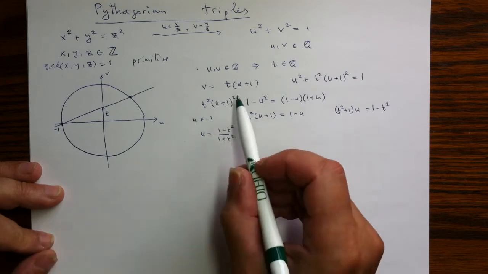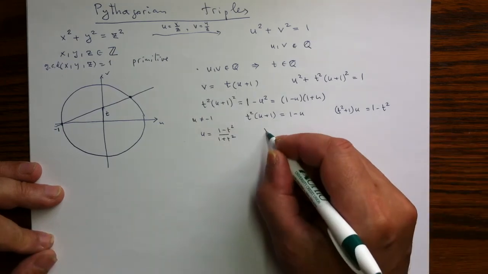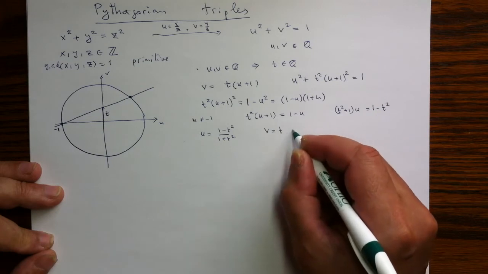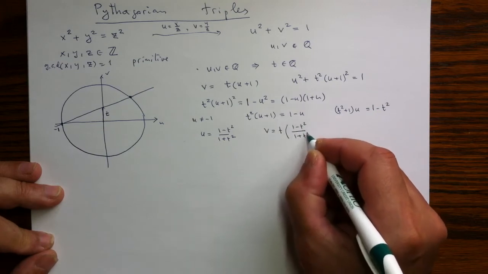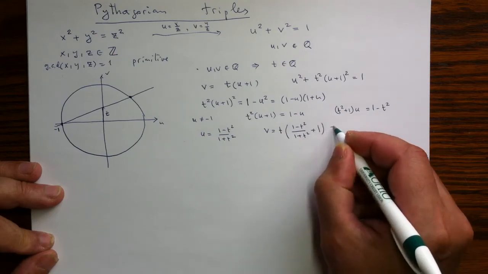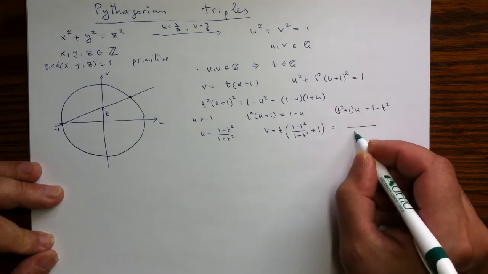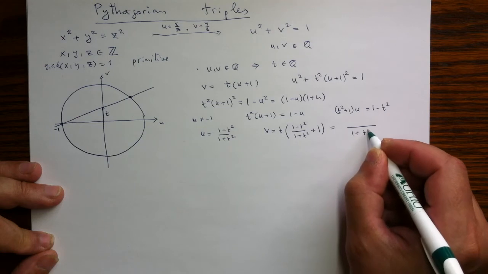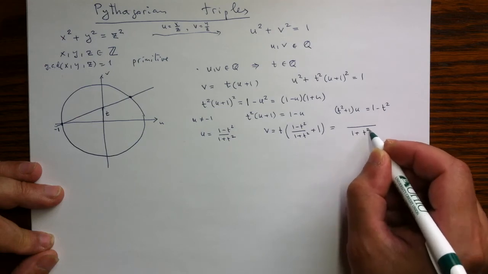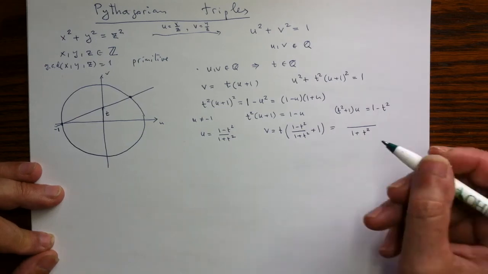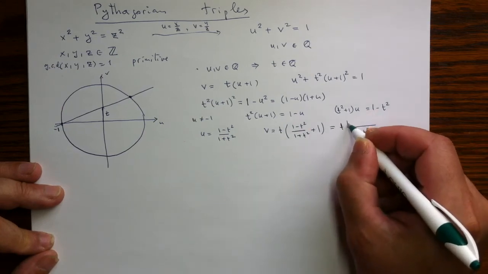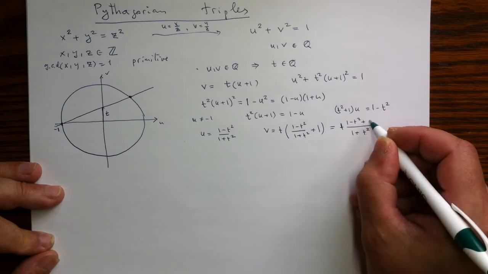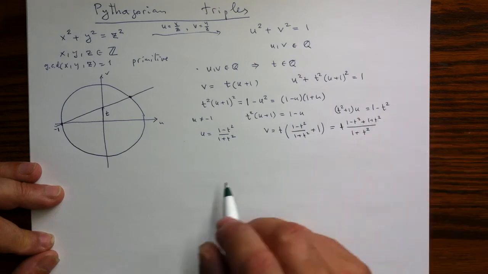All that's left is to find v from the line equation, for example, and that will be this, but then simplifying, putting it all over common denominator, we will have 1 minus t squared and then plus 1 plus t squared.